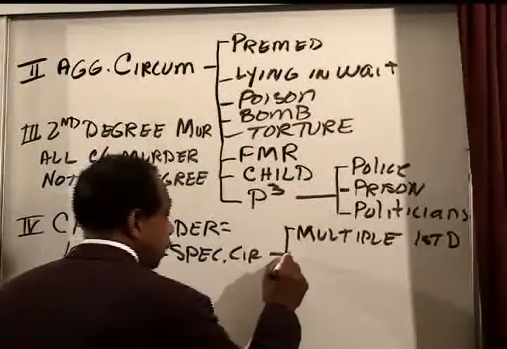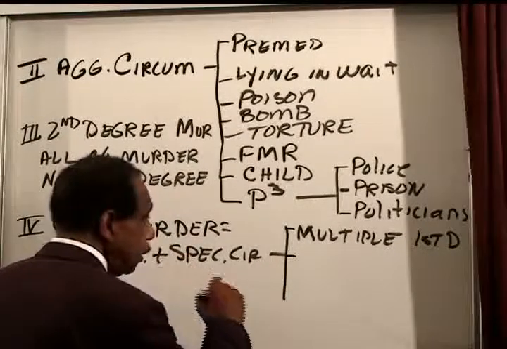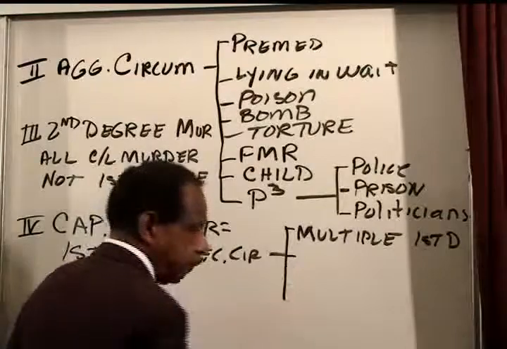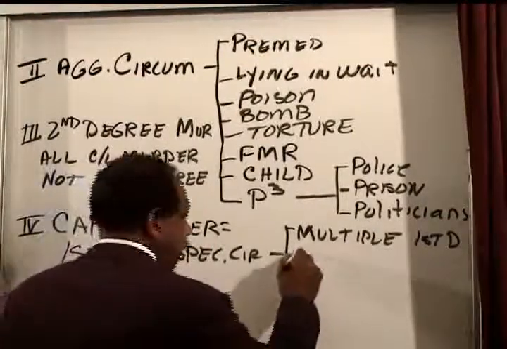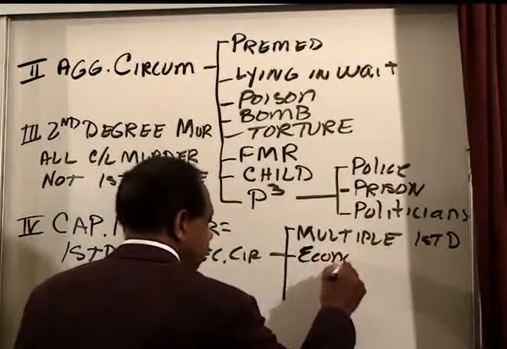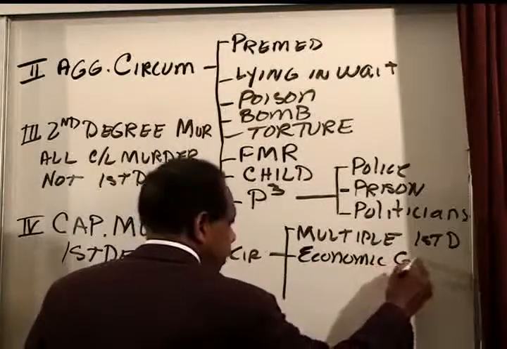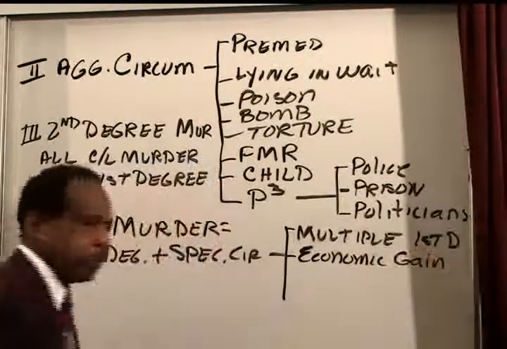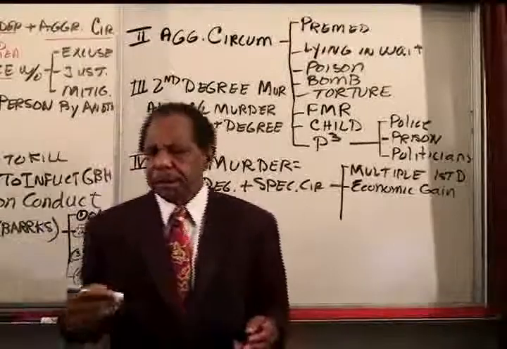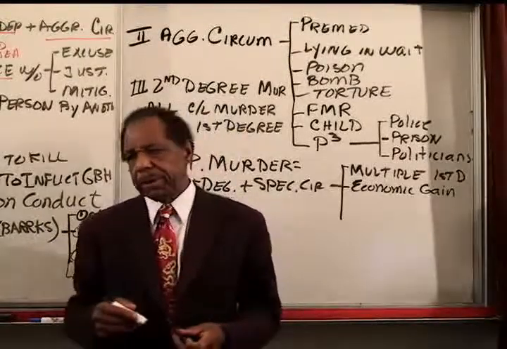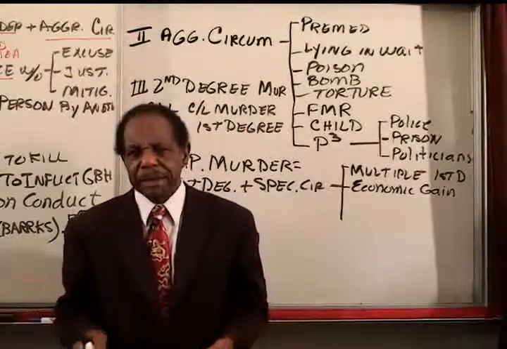Secondly, killing for economic gain. Now, this economic gain that we're talking about here is not killing the liquor store owner to get the money out of the cash register.